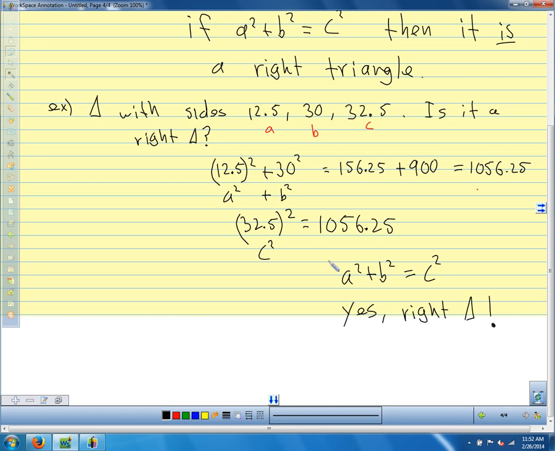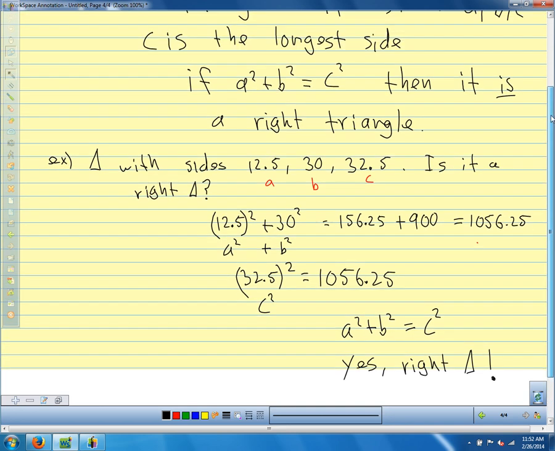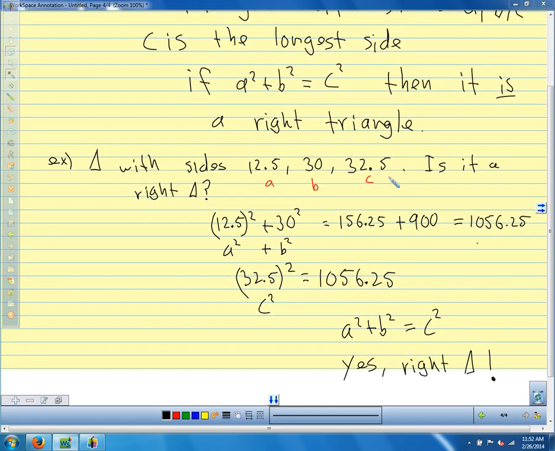If A squared plus B squared is not exactly the same as C squared, if this were 157, it would not be a right triangle. So if the question says, is this a right triangle, they're saying, do the sides work in the Pythagorean theorem? If they do not work, then the triangle is not a right triangle.